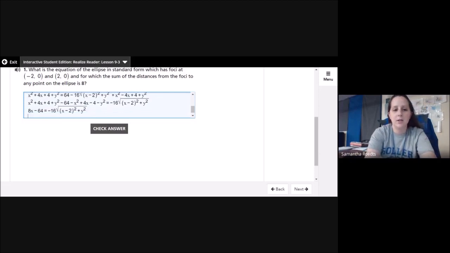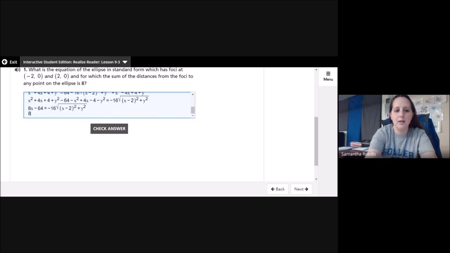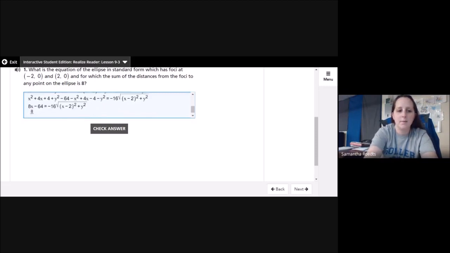Okay, I'm going to divide both sides by -16, so that's 8x divided by -16 minus 64 divided by -16, and that's going to equal the square root of (x minus 2) squared plus y squared.